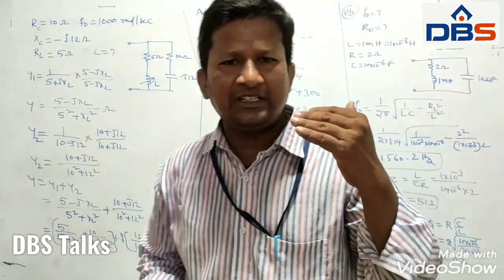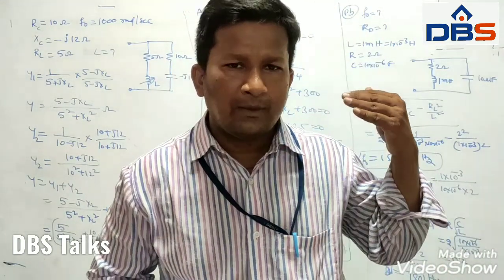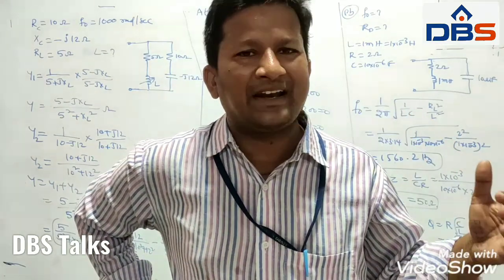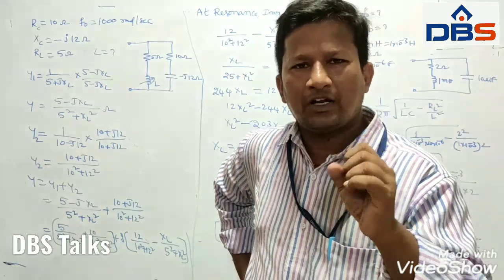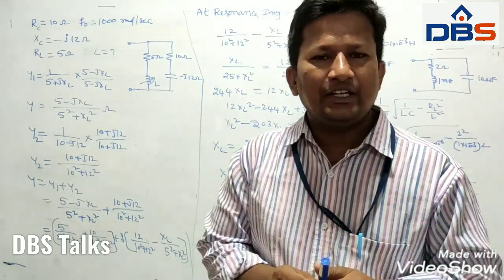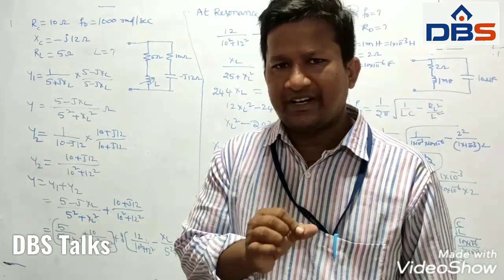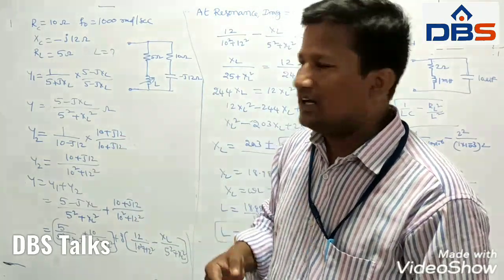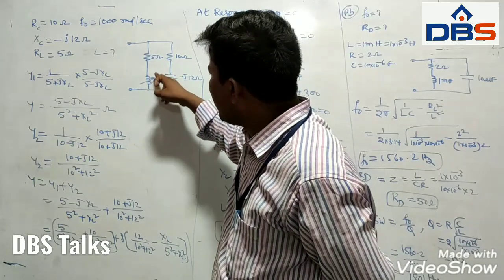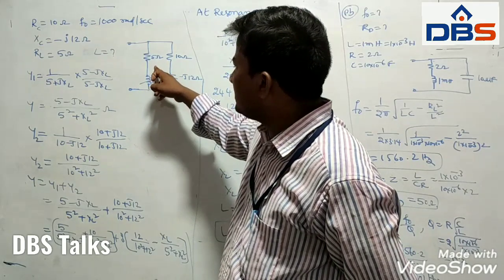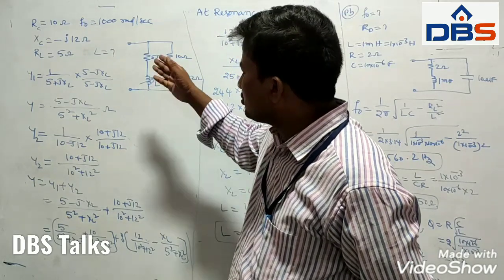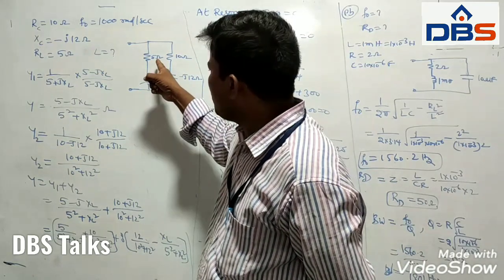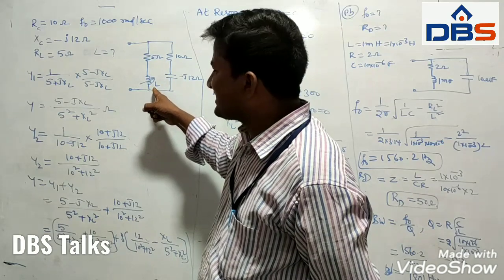As you derived the formula for the practical resonant frequency of a practical inductor and practical capacitor, first of all we have to calculate the individual admittance of each branch, and then calculate the L value. As usual, for this branch consider Y1, for this branch Y2. Y1 is equal to 1 by Z1, that is 1 by 5 plus jXL.